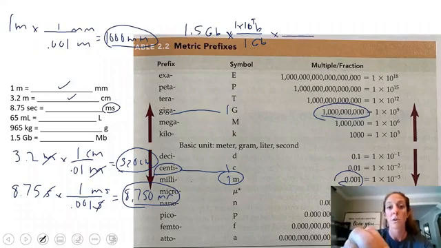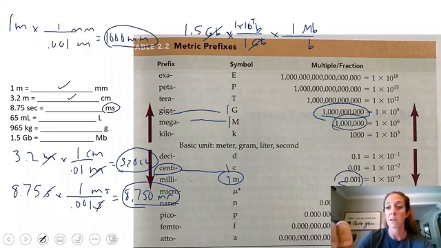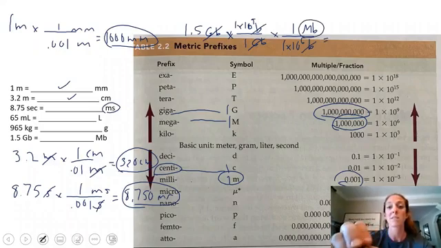Now that gets rid of my giga. Now I'm left with just my bytes. What do I really want to get to? I want to get to megabytes, and I've got bytes. So I'm going to find mega. Yep, for 1 mega, I have 1,000,000, or 1 times 10 to the 6th. That gets rid of my bytes, and I'll be left with that. So now to solve this, I'm going to multiply all across.